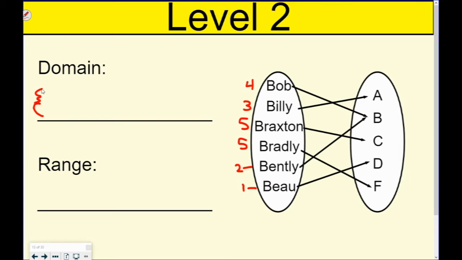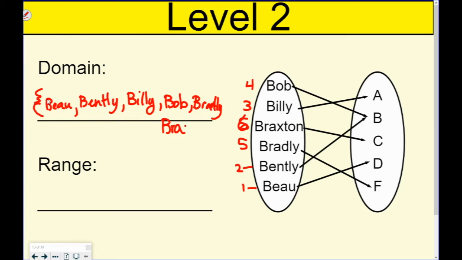Bo and Bentley. Next was Billy, and then Bob. So this one's actually 6. Then Bradley, sorry, not Brady. Bradley and Braxton would be last.